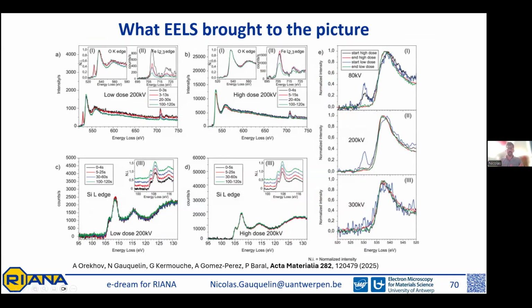At low voltage, you have an ionization damage, which is called radiolysis, whereas at higher energy, you knock on your electrons. This is knock-on damage. And by doing measurements in EELS of what was happening when we were putting our electron beam on the sample, we could understand the threshold between those two and the interplay and their effect on the mechanical properties.